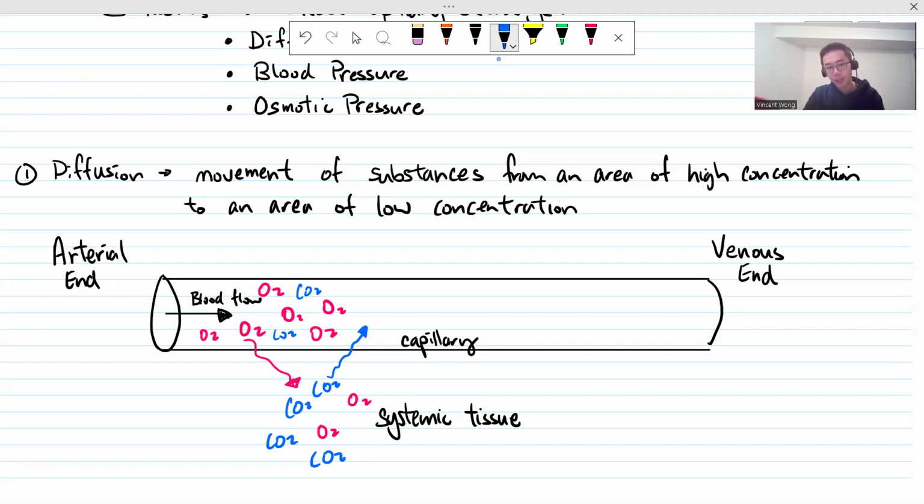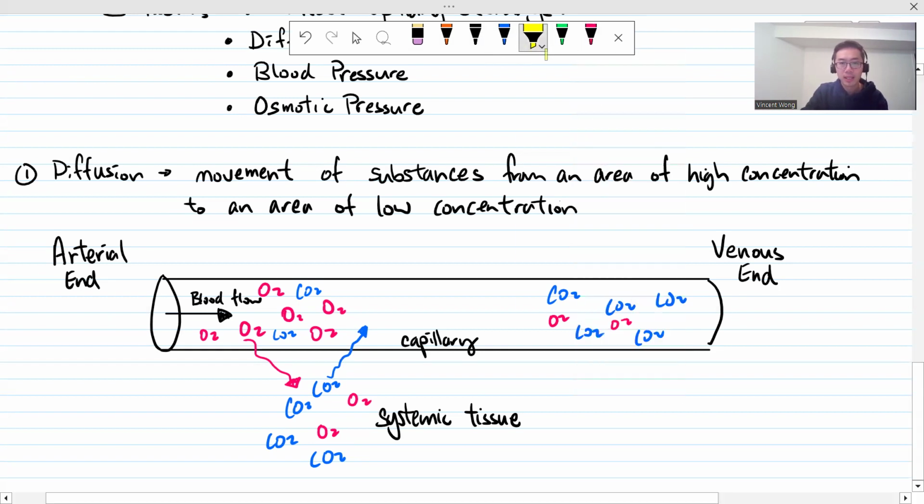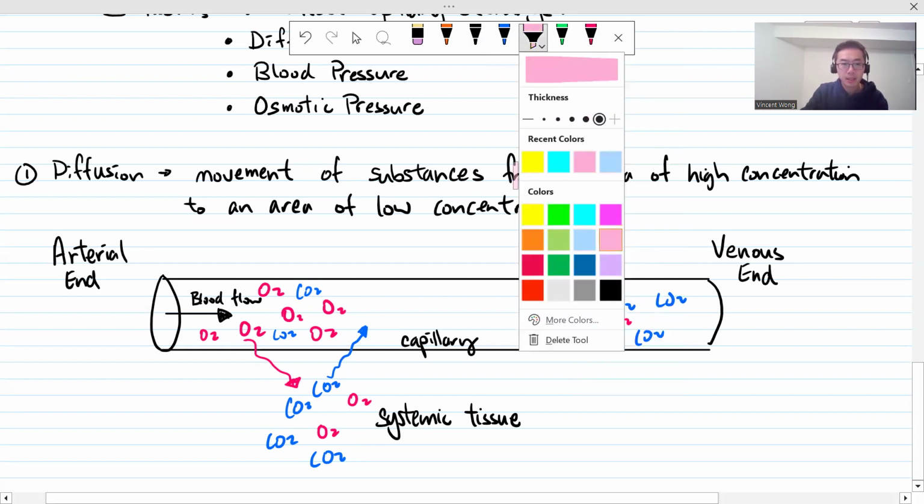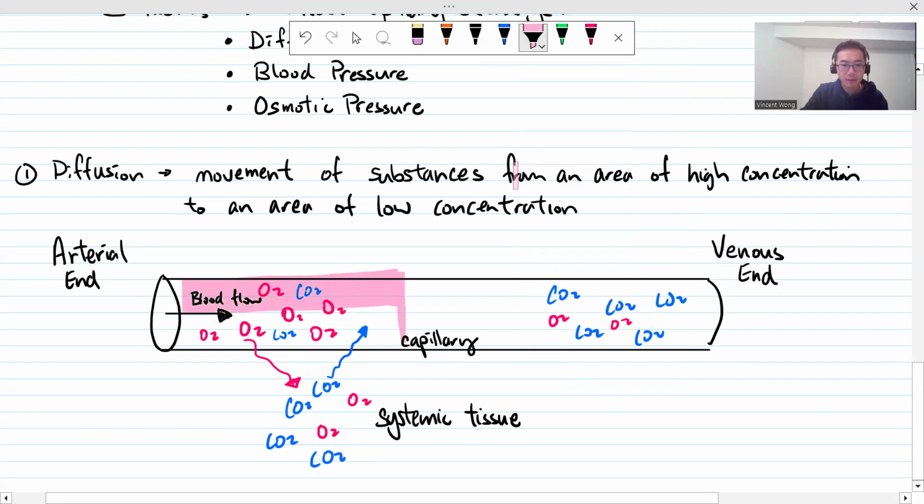So afterwards, the blood is gonna have more carbon dioxide and less oxygen, right? It's going to be the other way around for the tissue, but I'm not going to draw it so that it's not too confusing, okay? So essentially what happened is that you have red blood, so to speak.